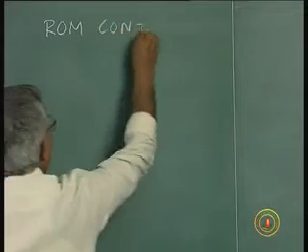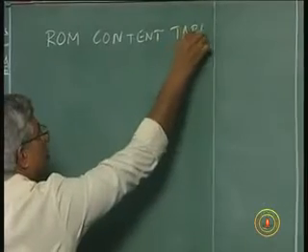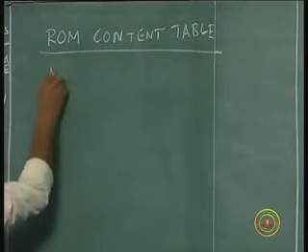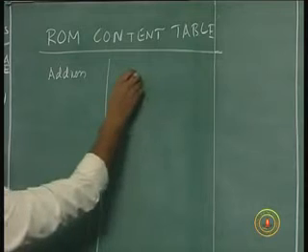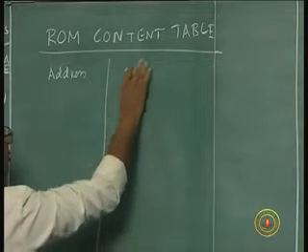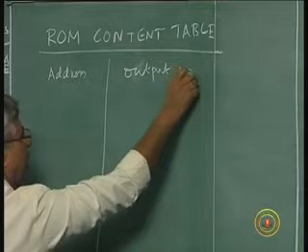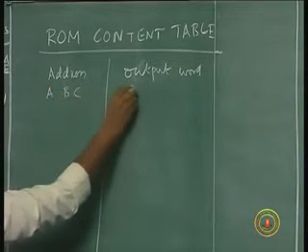So the ROM content will be... we make a ROM content table. Address is nothing but the concatenation of the ABC inputs, and the output is the word. These are not any different; there is only jargon here. So here I have ABC, here I have WXYZ.